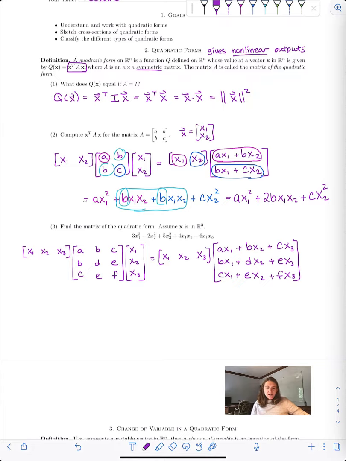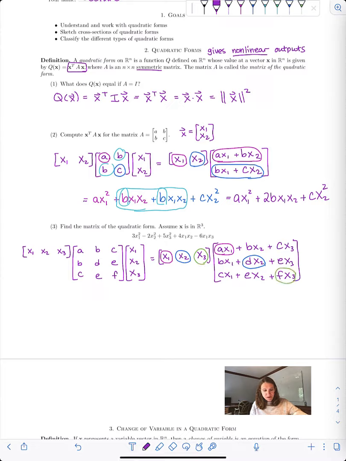So first of all, our coefficients of the squares are only going to show up once. We only have one spot where we're multiplying x1 by x1. Similarly, we only have one spot where we're multiplying x2 by x2 and x3 by x3.